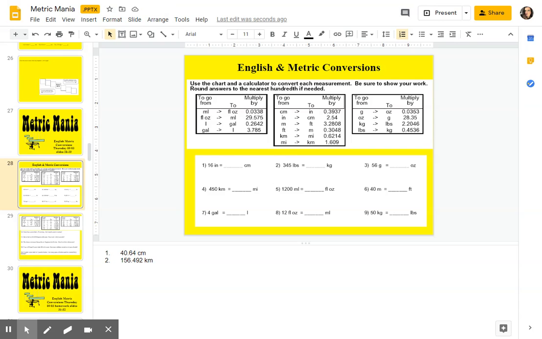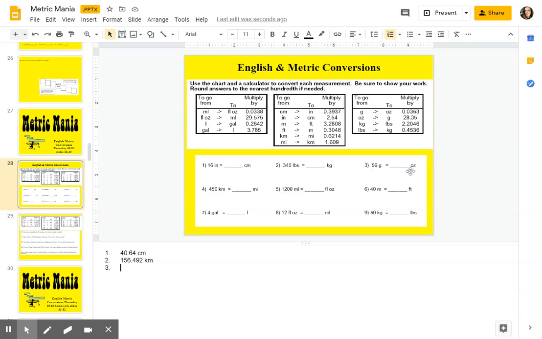Okay, let's do one more together, and then I will leave the rest for you guys to figure out on your own. Number 4 is 56 grams.